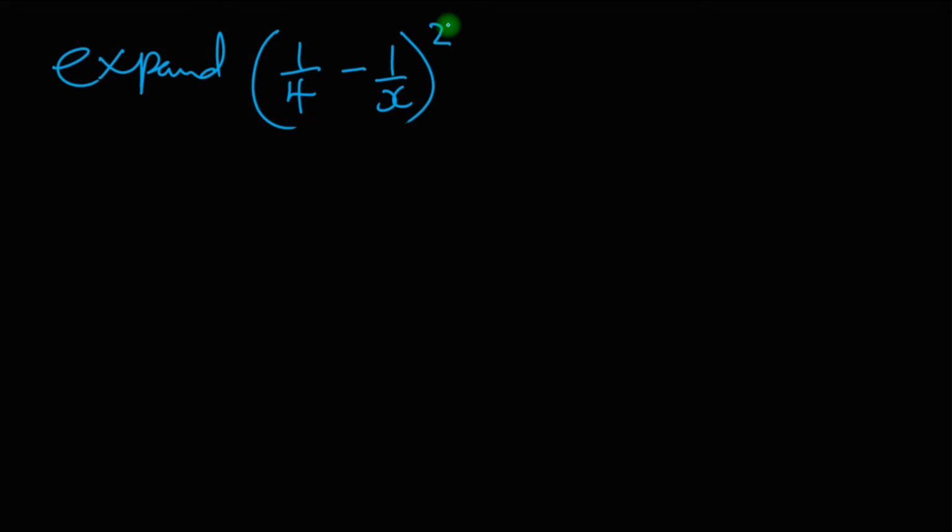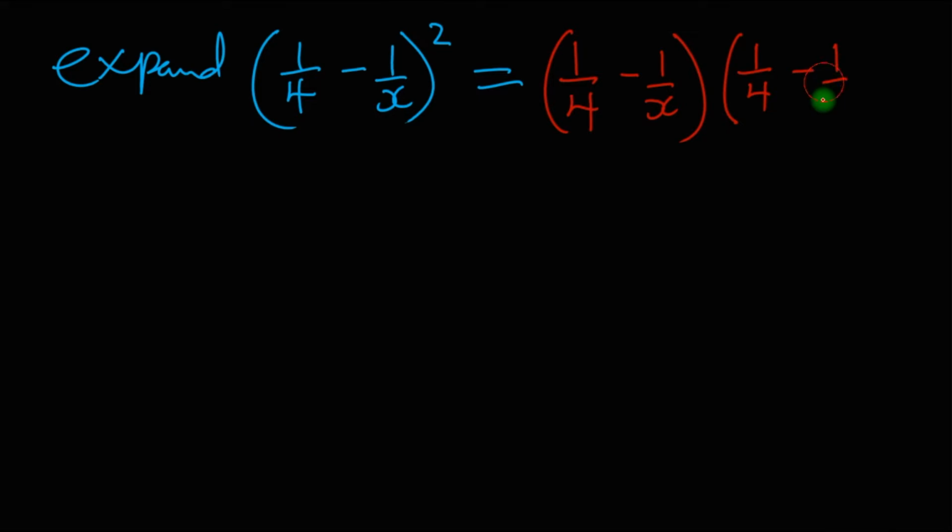The same criteria can be used to expand. So this can also be written as (1/4 minus 1/x), and since it is squared, we multiply it by itself, times (1/4 minus 1/x). Then from there we can expand.